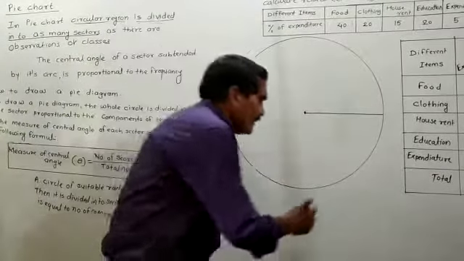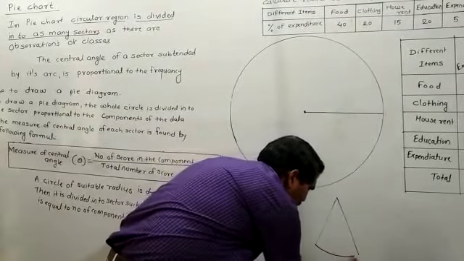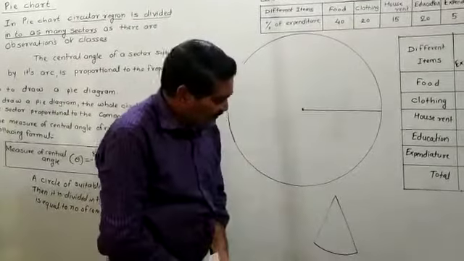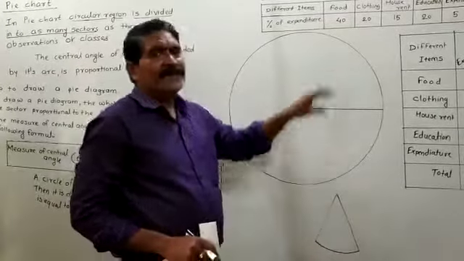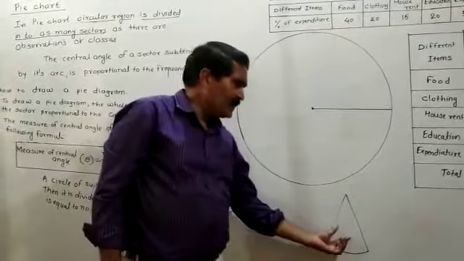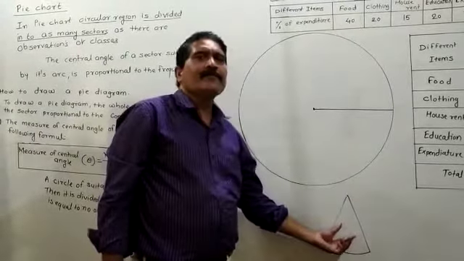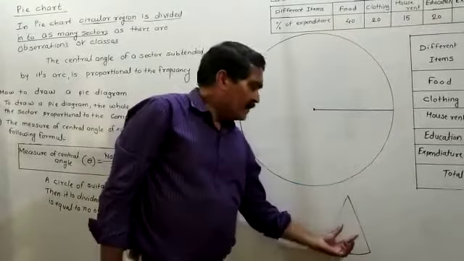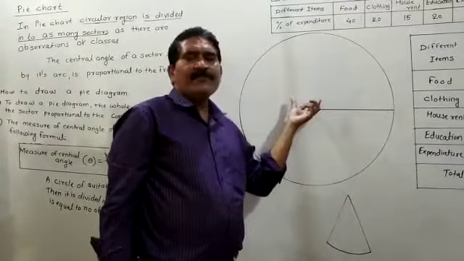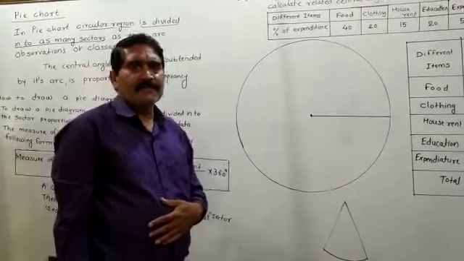Already you know that sector means the region enclosed in this area is called the sector. Whatever be the given data, you have to divide it into the different sectors and fit it in the pie chart by calculating the central angle.